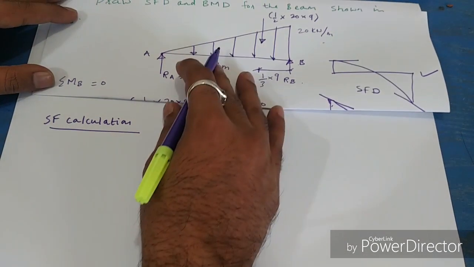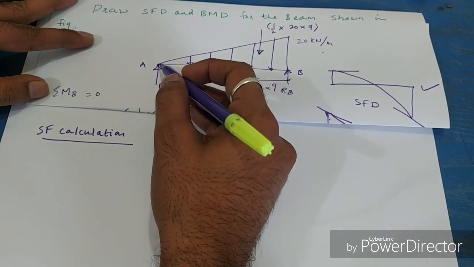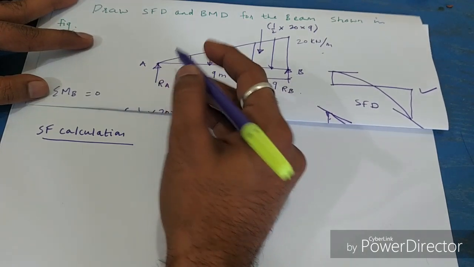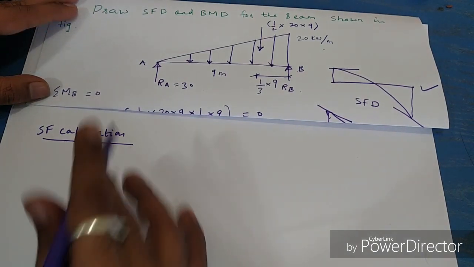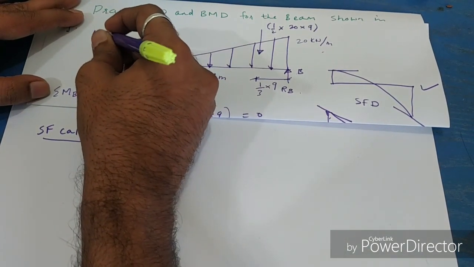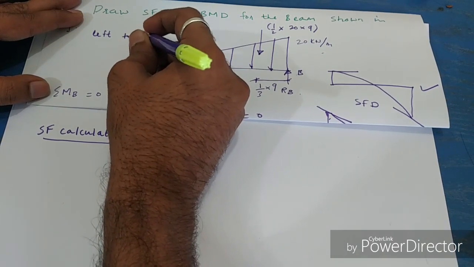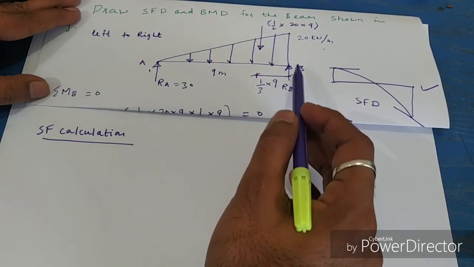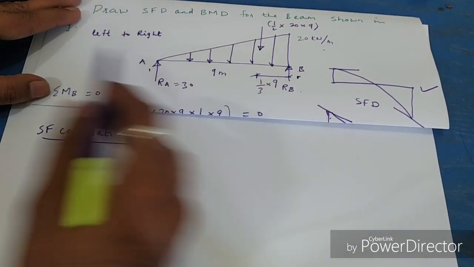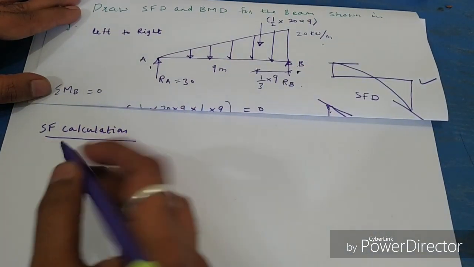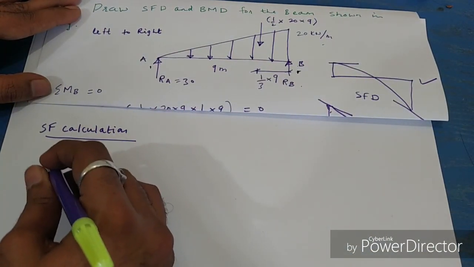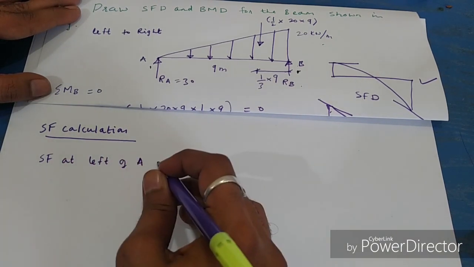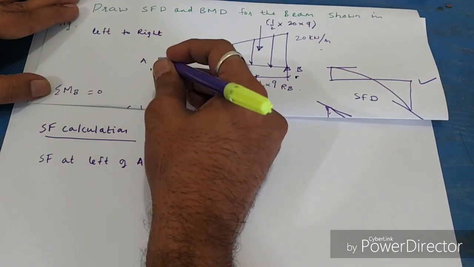Okay, so we have to see the point at the left of the point and at the right of the point. In order to calculate the shear force, we will be traveling from left to right, means we will be traveling from A to B. Now the first point is A, shear force at left of A. You see this is the point.